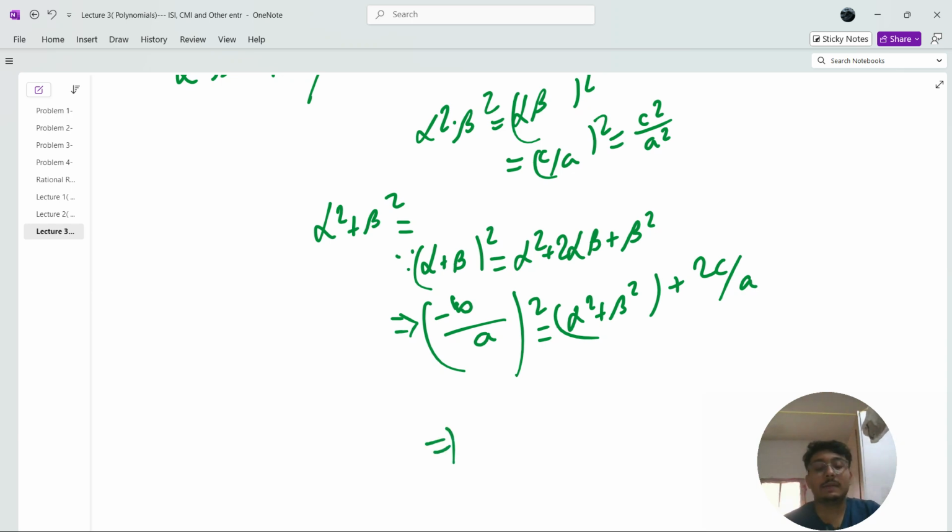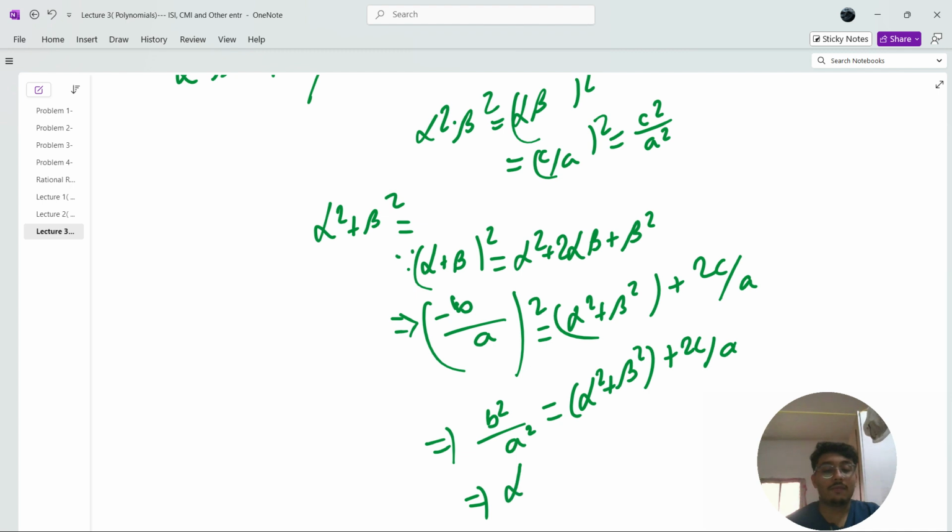So minus b by a's whole square is basically b square by a square, since a negative square is a positive number. So alpha square plus beta square plus 2c by a equals b square by a square.